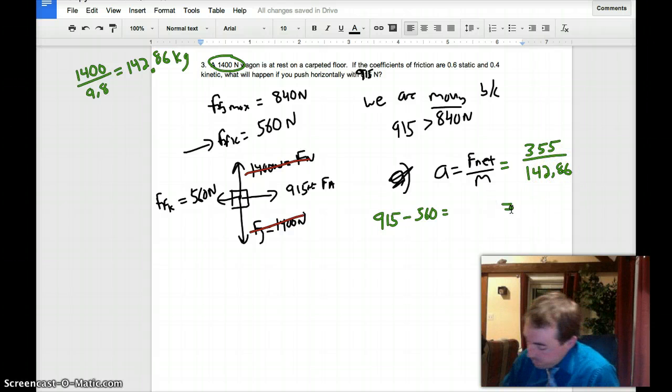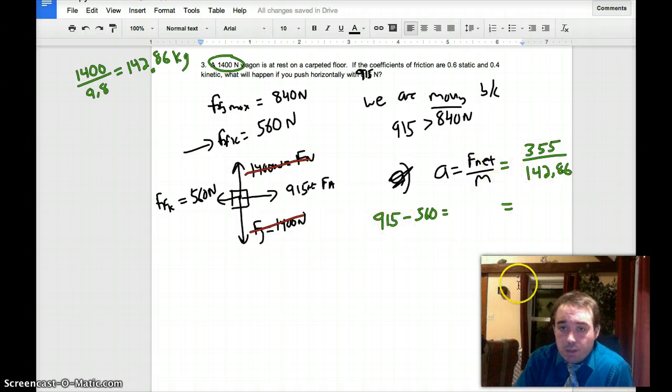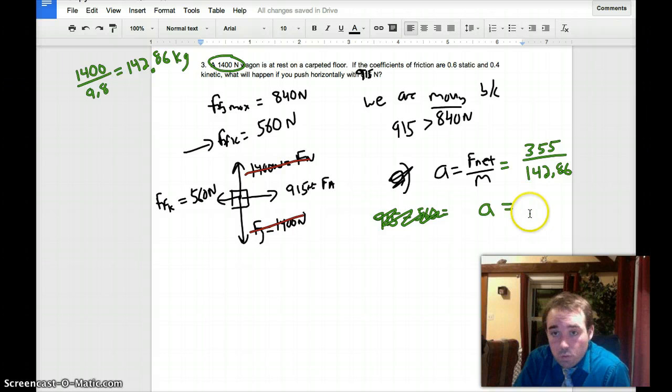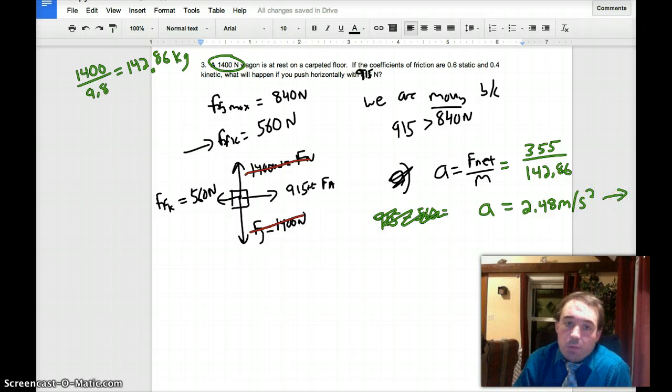So 355 divided by 142.86 gives us our acceleration of A equals 2.48 meters per second squared. And in this case, it would be to the right.